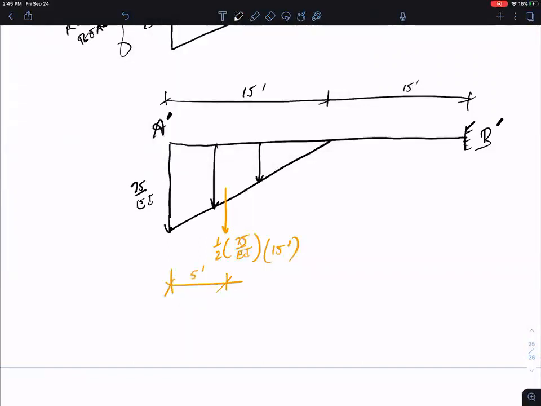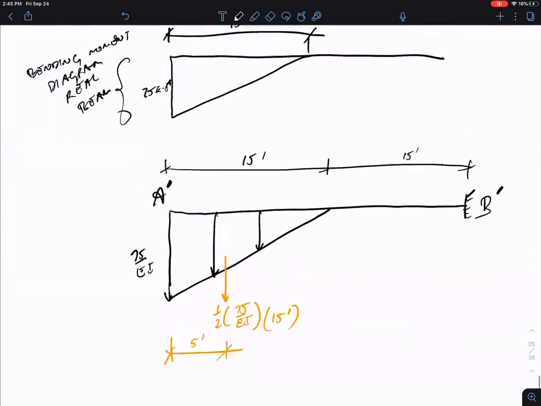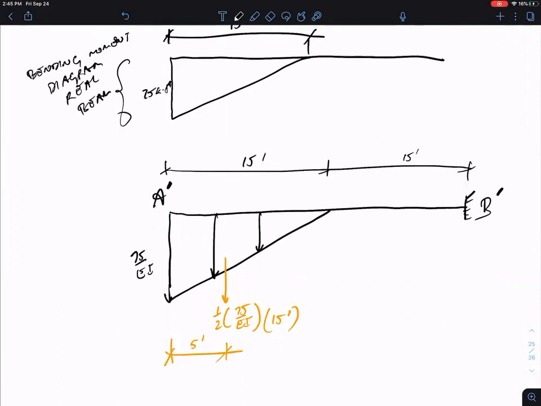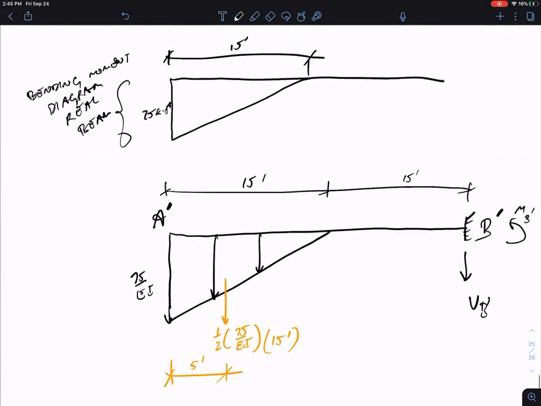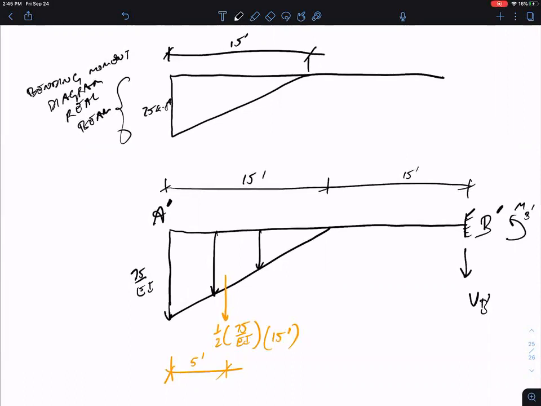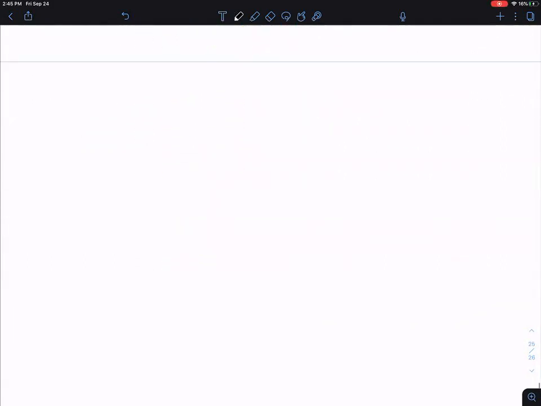So again, we're trying to find the displacement and rotation at point B in the real beam. So that corresponds to the shear and moment at the right end of the conjugate beam. So we'll use statics to compute the shear and moment at point B prime in the conjugate beam.